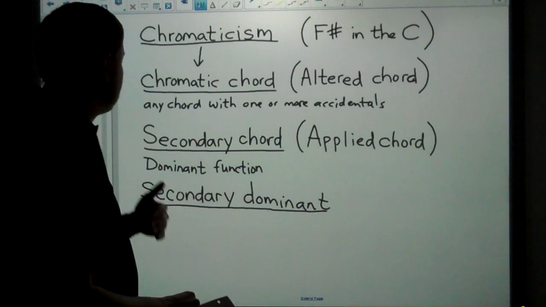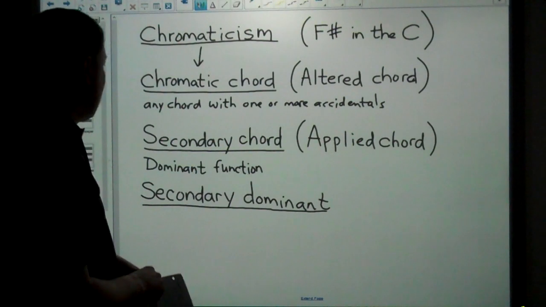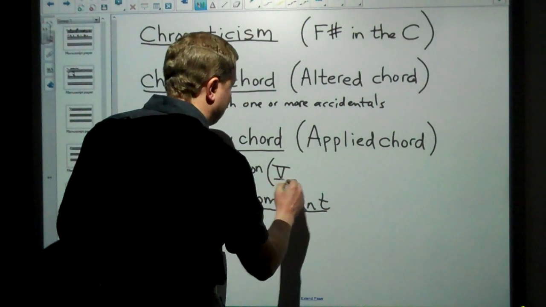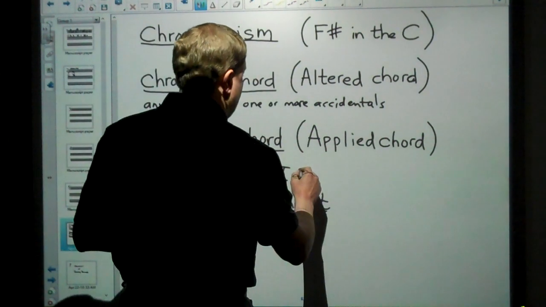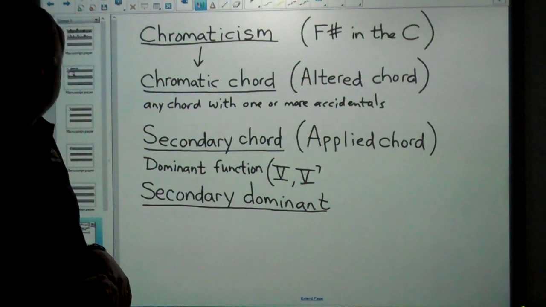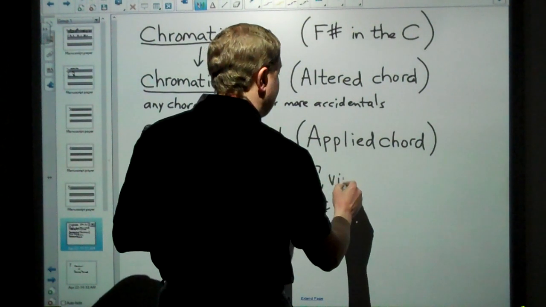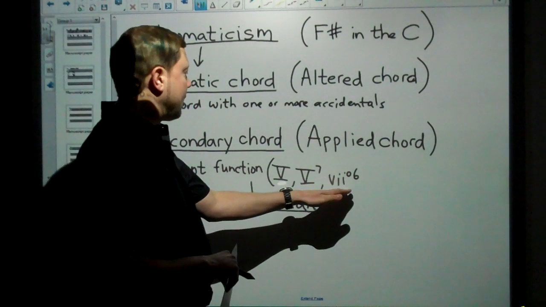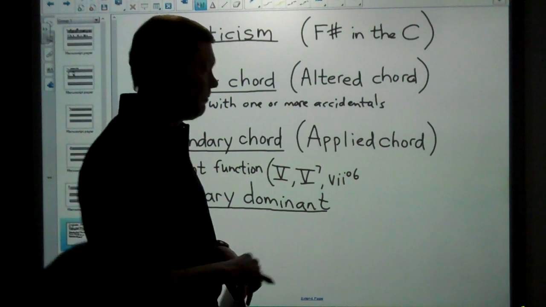Earlier in the semester, we talked about the types of chords that do possess dominant function. Let me list some of them here. Obviously, a major 5 triad has dominant function. A major-minor 7th chord, the 5-7, has dominant function. We also know from earlier in the semester that a leading tone triad possesses dominant function, albeit weaker dominant function than the 5 or the 5-7, but still dominant function.